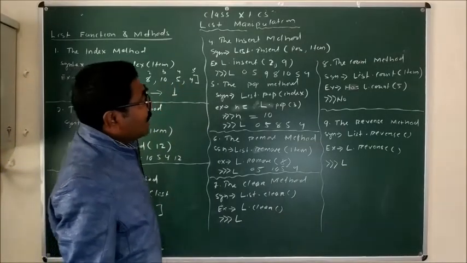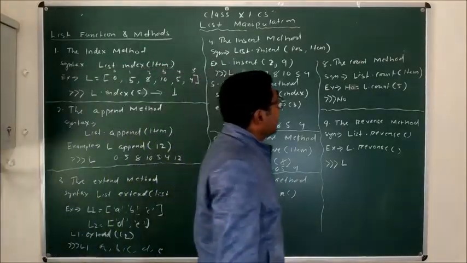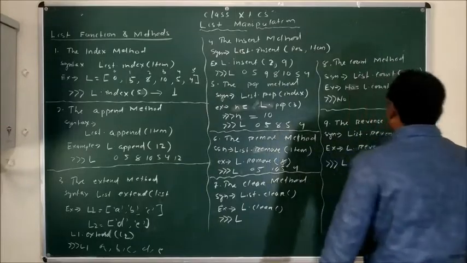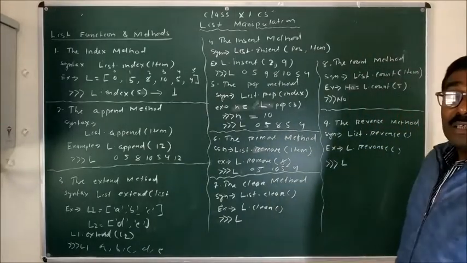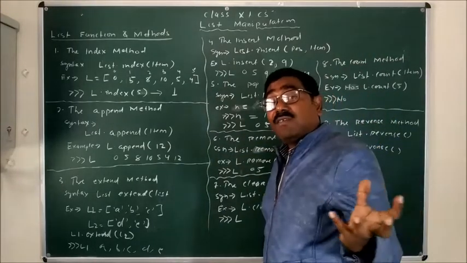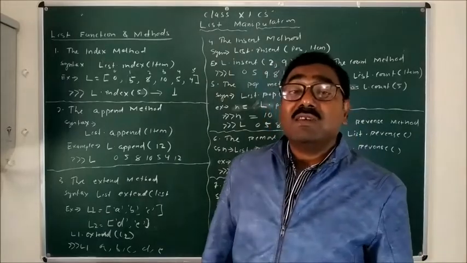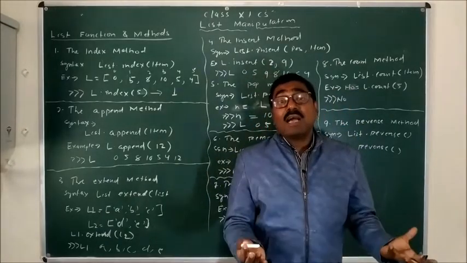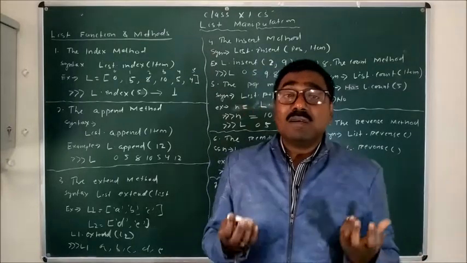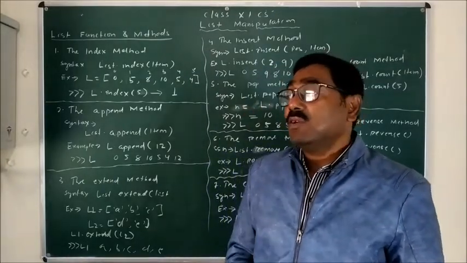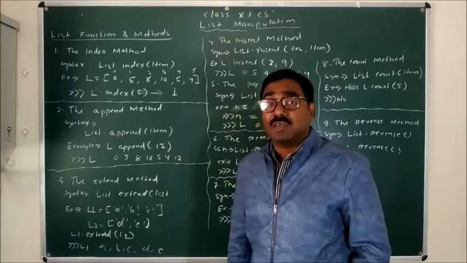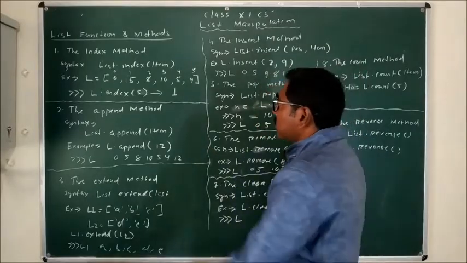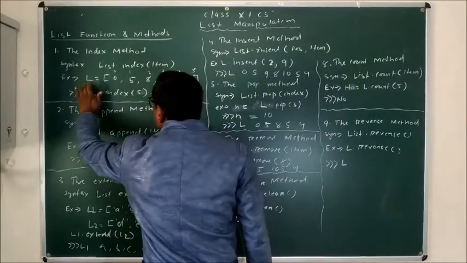After this, we have another command, that is the count command. The count command is used to count the number of times a particular item is available in a list. How many times a particular item exists in a list will be given by the count command. For example, suppose this L list is there.